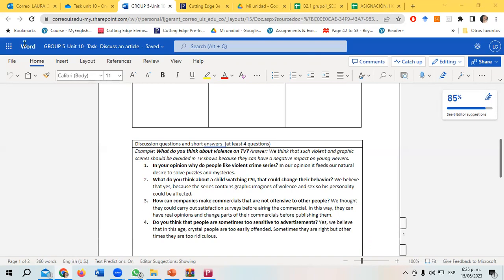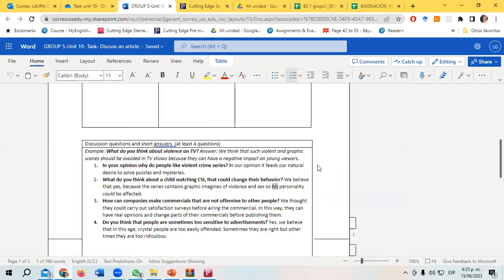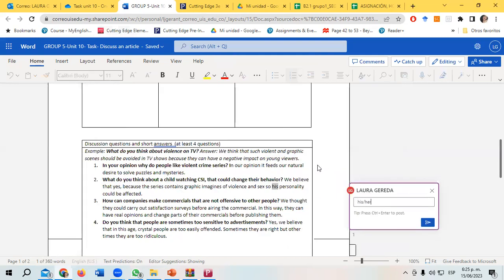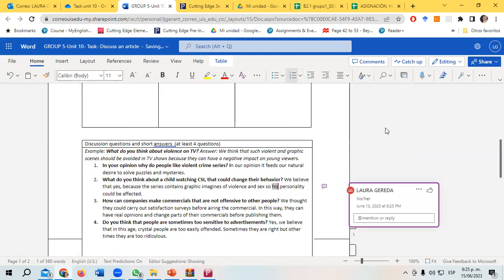And three, how can companies make commercials that are not offensive to other people? We thought they could carry out satisfaction surveys before airing the commercial. In this way, they can get real opinions and change parts of their commercials before publishing them.